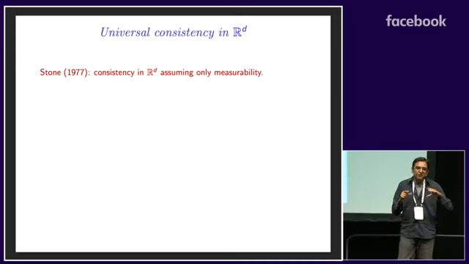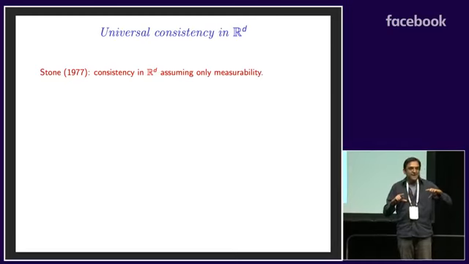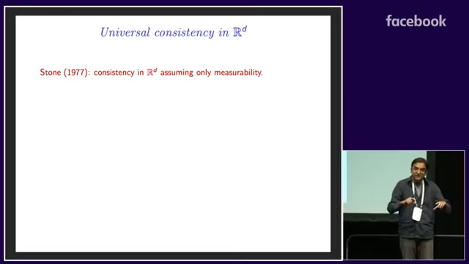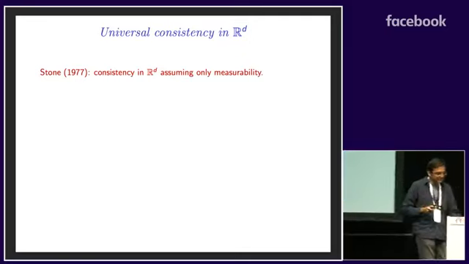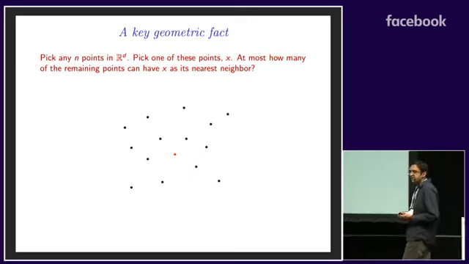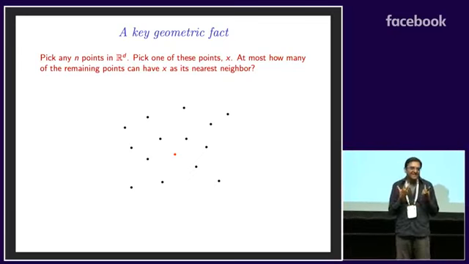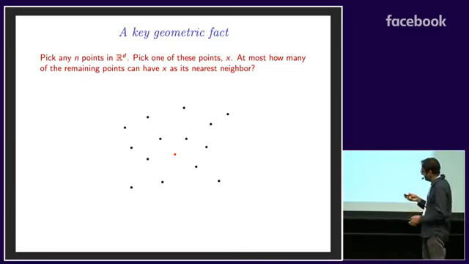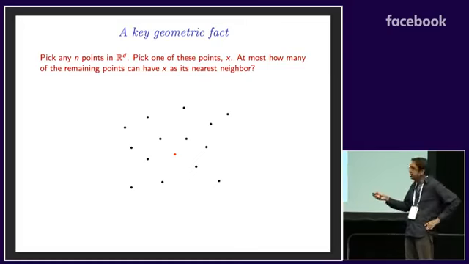The reason is that this fact came up first in Stone's proof, but it turns out that it comes up again and again when you're looking at algorithms for nearest neighbors and at statistical analysis of nearest neighbors. And it's this geometric question, at the heart of this consistency question. Suppose you have n data points, and you choose one of them.